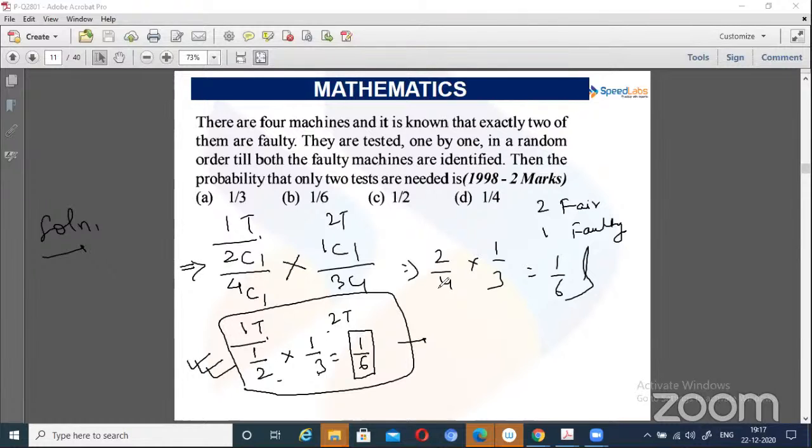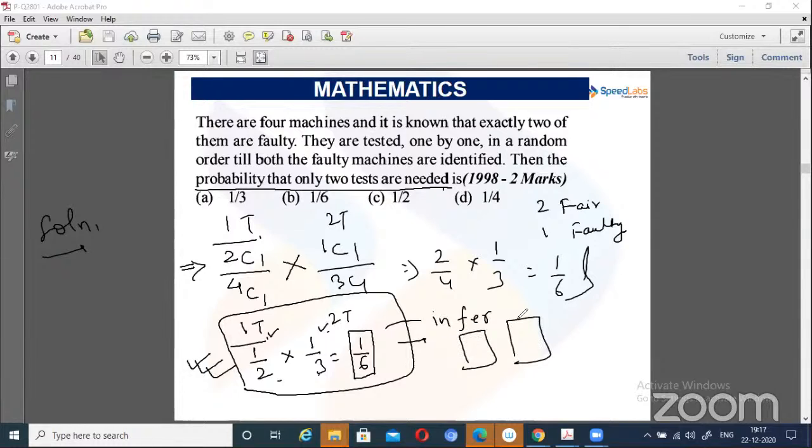I don't have an answer to it, because this is more about literature than the maths part of it. You understand? I hope you understand. Now you're talking about something that wasn't written in the question. This is more about the language of the paper, because you are inferring here, which is fair, because it is written that exactly 2 are faulty. So the first two tests gave me not faulty machines, so I know the next two are faulty.